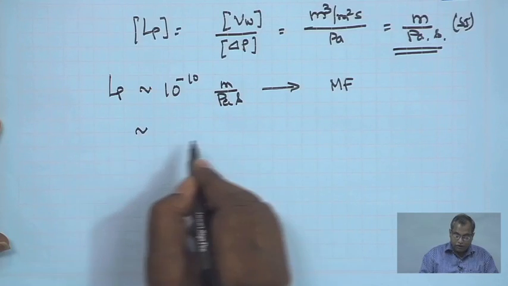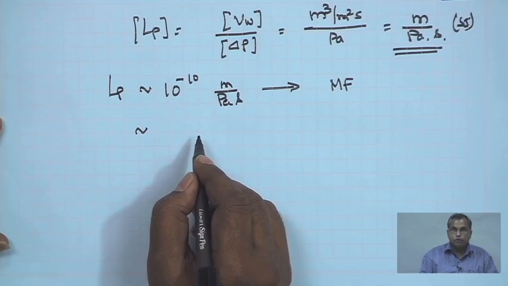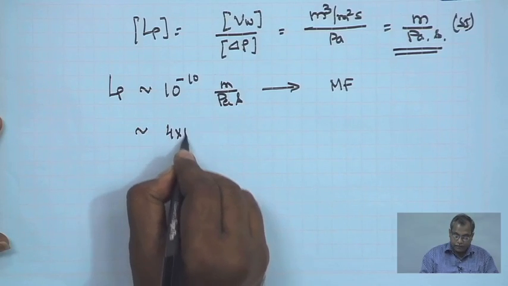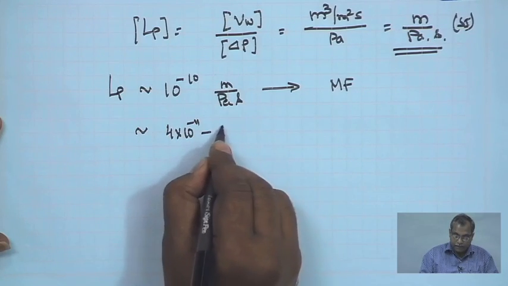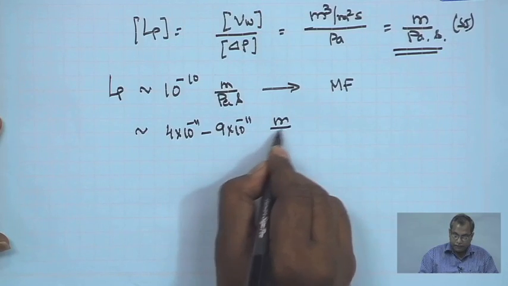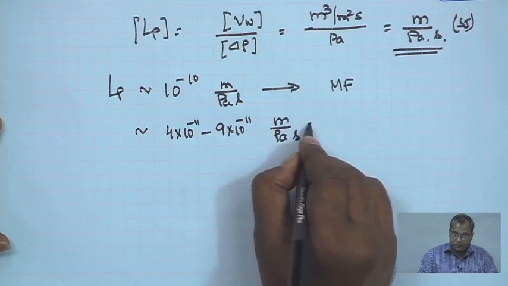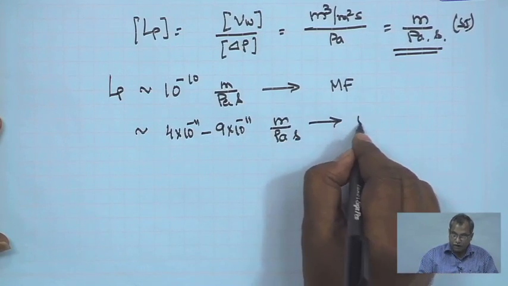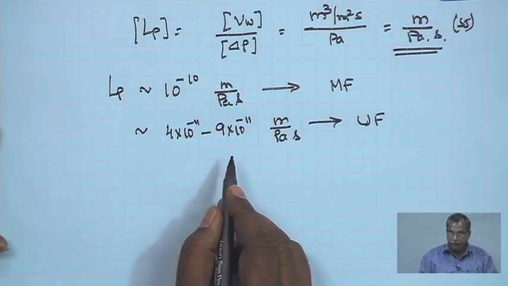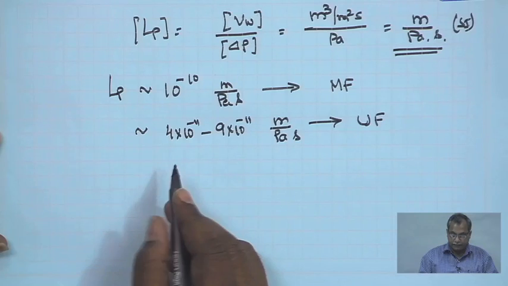If a membrane has a permeability in the range of, let us say, 4 into 10 to the power minus 11 to 9 into 10 to the power minus 11 meter per Pascal second, that will be the typical range of an ultrafiltration membrane.